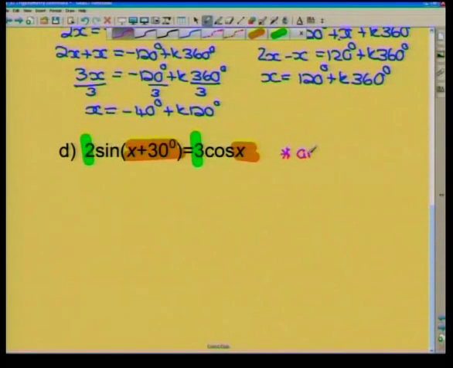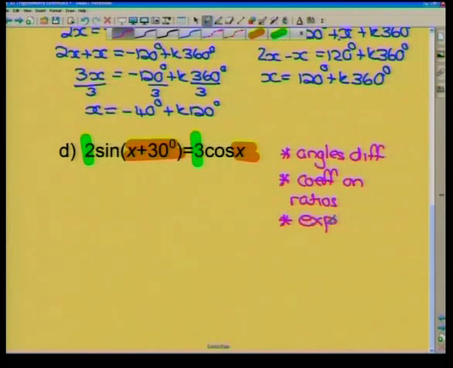Right, angles different. And coefficients on the ratios. Therefore, expand. In other words, we're now going to use our expansion for sine x plus 30 degrees over here. So we're going to go 2, open brackets.